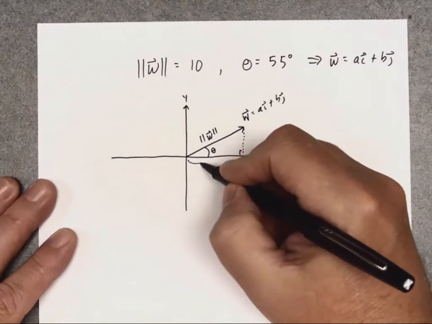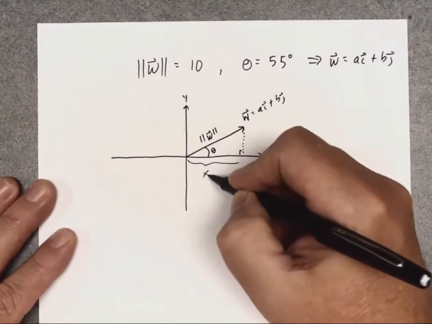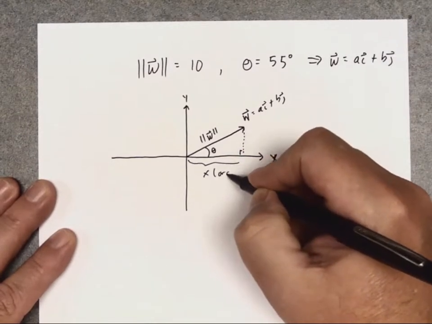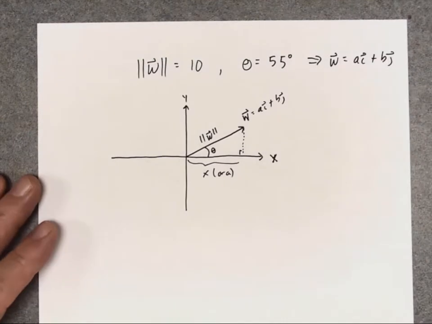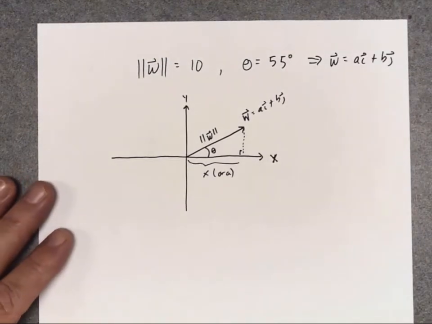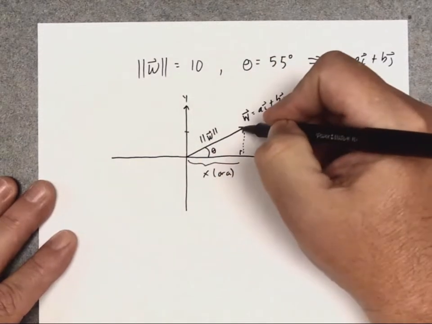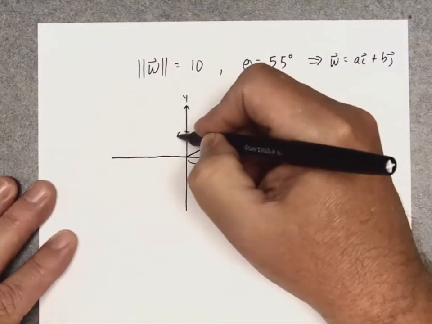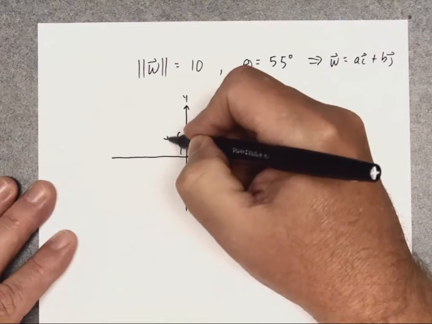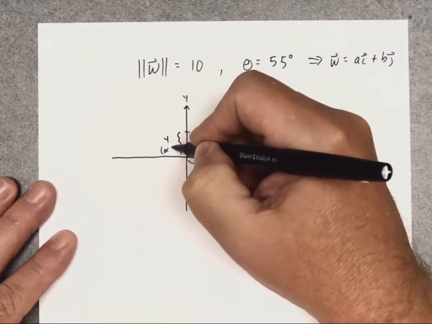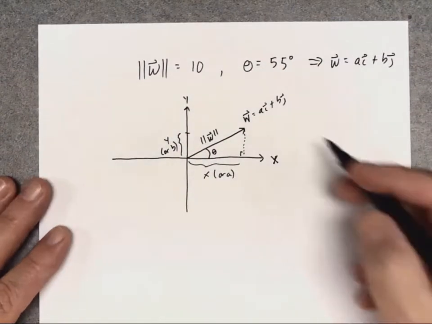So in a sense, this length is like the x, or I could say the A, if I write it in ij. And hopefully you see that the top of the vector, this is like the y, or the b part, or the j part of the vector.